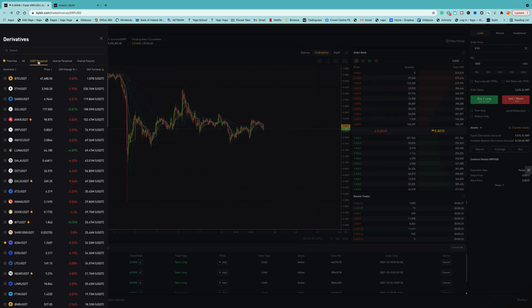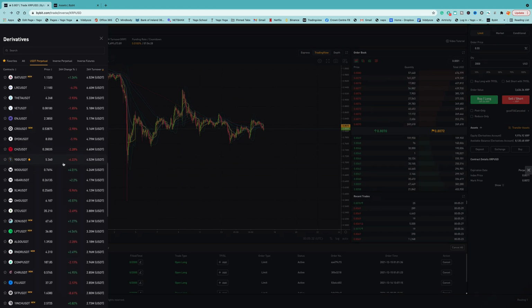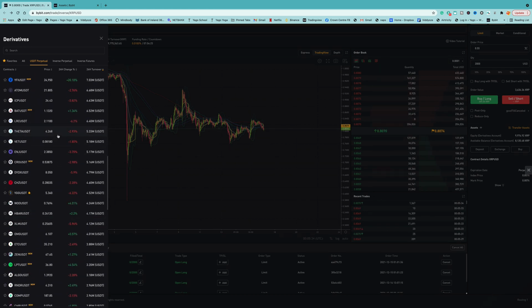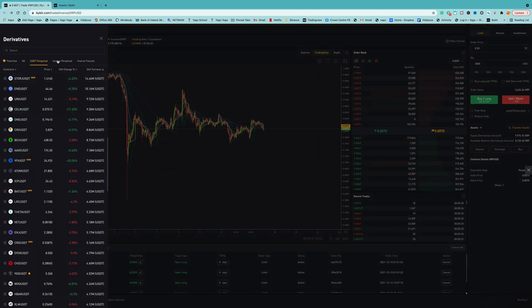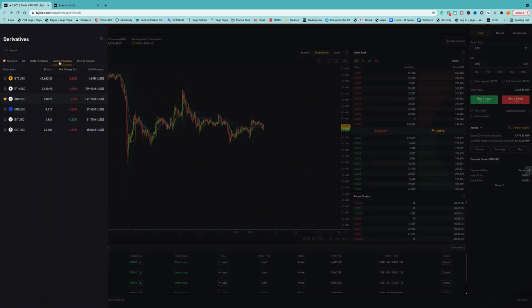So all these perpetual coins here, there used to be only a few. Now there's loads. I only noticed something the other day about this. With the inverse perpetual, you get a far better stop loss. Rona Ram on the XRP chat was saying it, and I noticed it, but she gave me the figures.